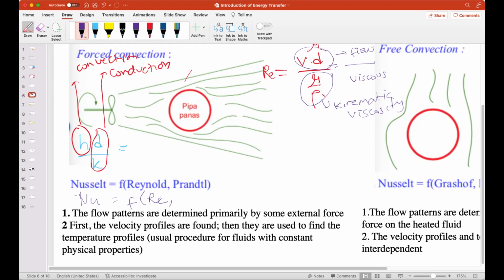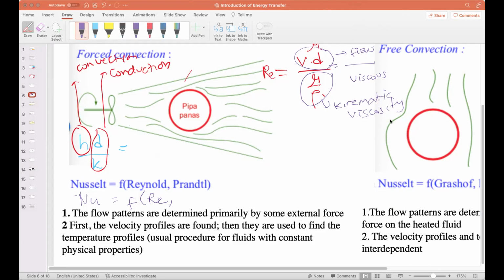Okay, and the last one is Prandtl. Anyone know Prandtl? Wait, I need to check the formula. Forgot.